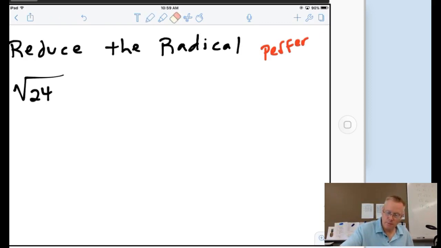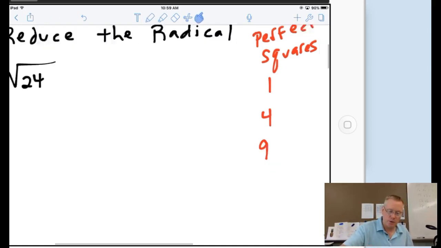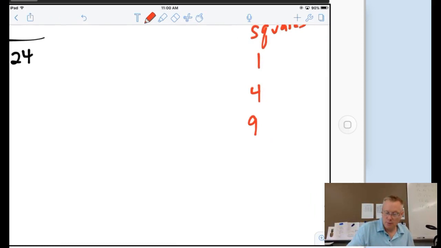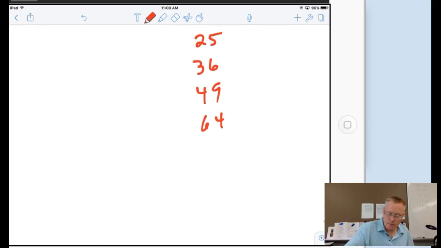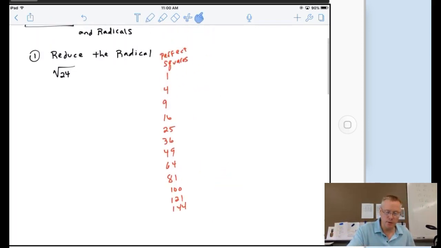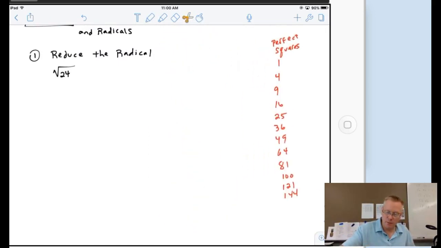So examples of perfect squares would be 1, 4, 9. 9's a perfect square because 3 times 3 is 9, okay? 4 times 4 is 16, 5 times 5 is 25, 36, 49, 64, 81, 100, 121, 144. Those are the ones up to 12 times 12, which are probably the most common that we use, okay? So sometimes it's good just to have that list on the side of your paper while you're working on this.